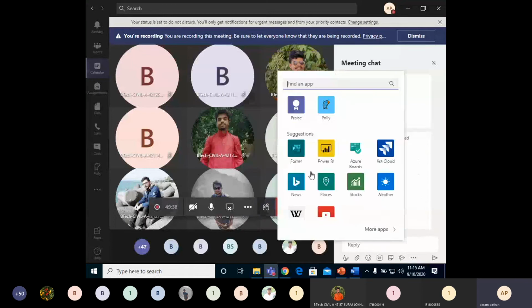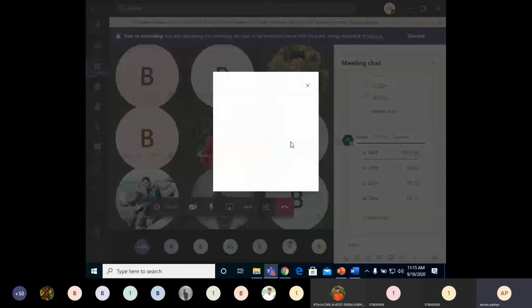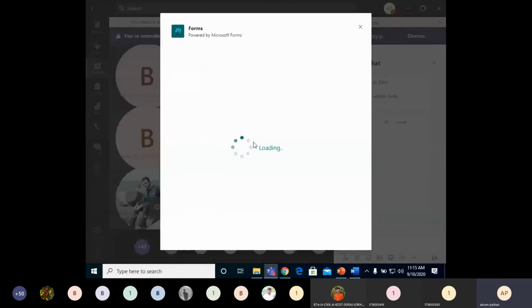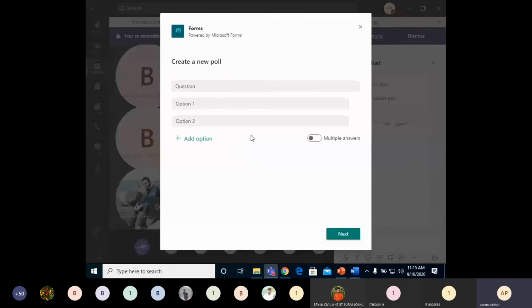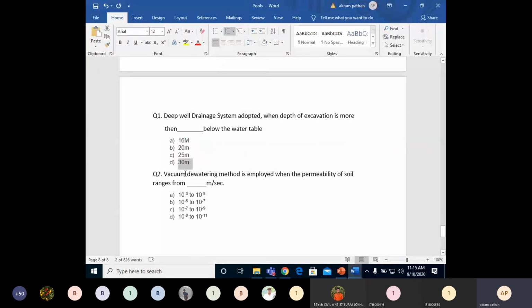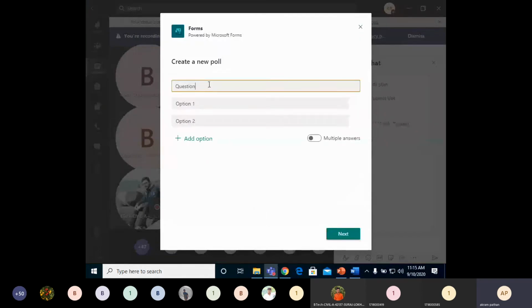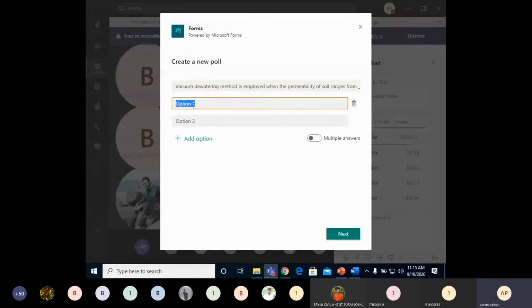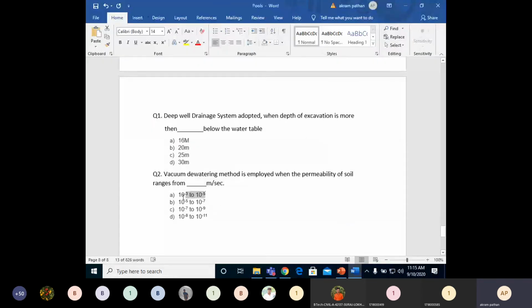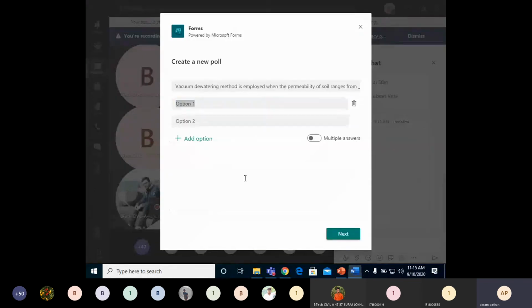Then again, I would like to poll another question. The second question is: the vacuum dewatering method is employed when the permeability of soil ranges from what, in meter per second? The first one is 10 raised to power minus 3 to 10 raised to power minus 5.